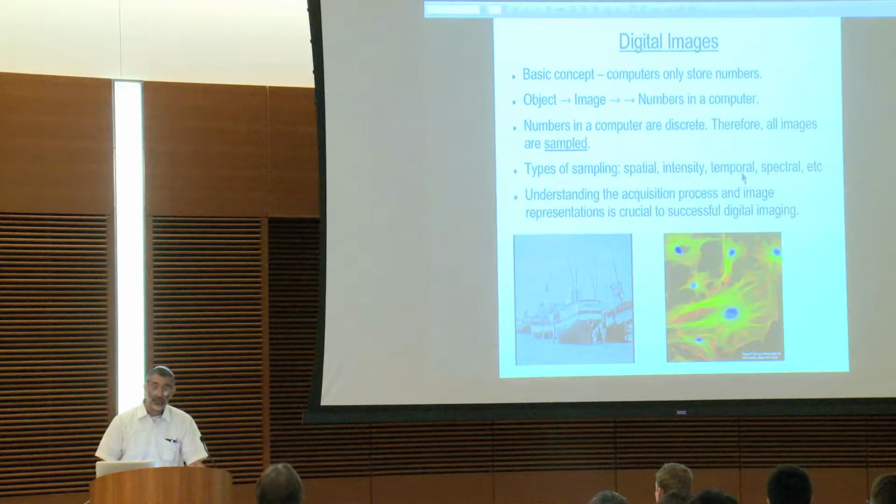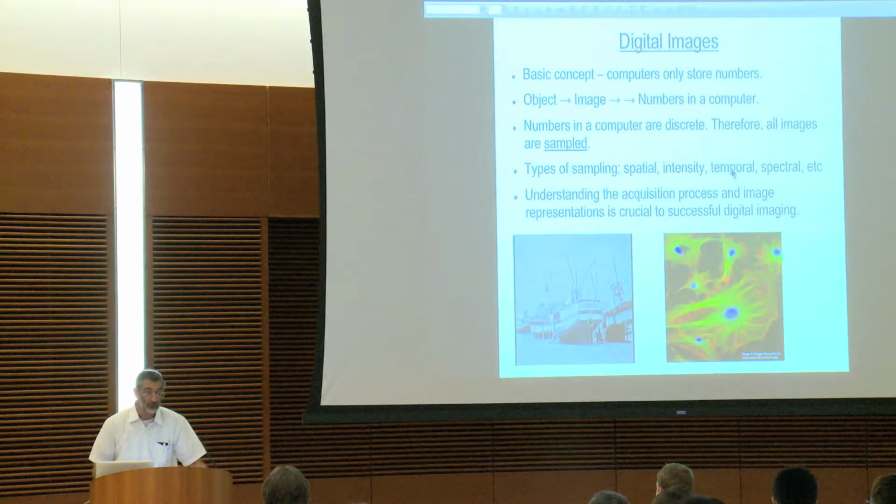So that's intensity sampling. It's also temporally sampled. You might take a time lapse, and your system is capable of acquiring, let's say, 2 images a second, or 1 image every 10 minutes in some cases. That's temporal sampling. It could also be spectrally sampled. You all know that as RGB, red, green, blue.